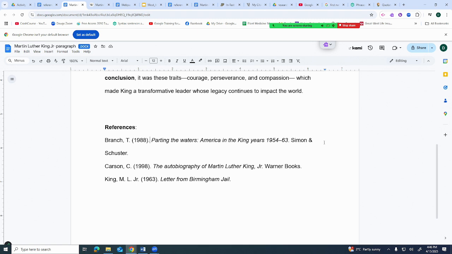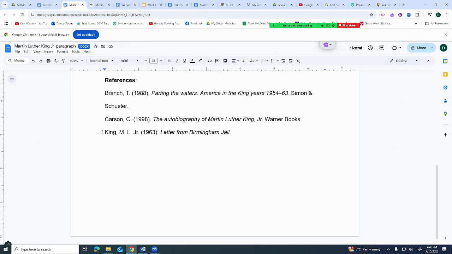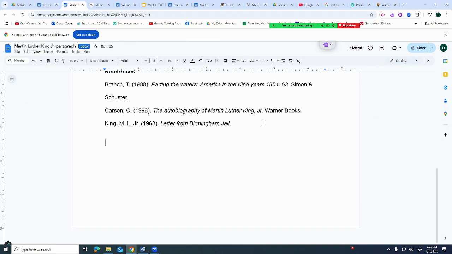There's the publishers, Carson C. He wrote the book called The Autobiography of Martin Luther King. It's published by Warner Books. And here's how you would put a letter in APA format. King, because he was the creator of the letter, M. L. Jr., 1963, letter from Birmingham jail.